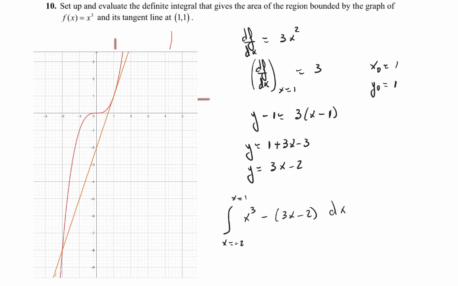Okay, now let's go to solve the last problem, finally the last one. It says like this: set up and evaluate the definite integral that gives the area of the region bounded by two graphs. The first graph is f of x equals x cubed. So it's this one, the graph x cubed has a slope 0 at x equals 0 and goes like this.